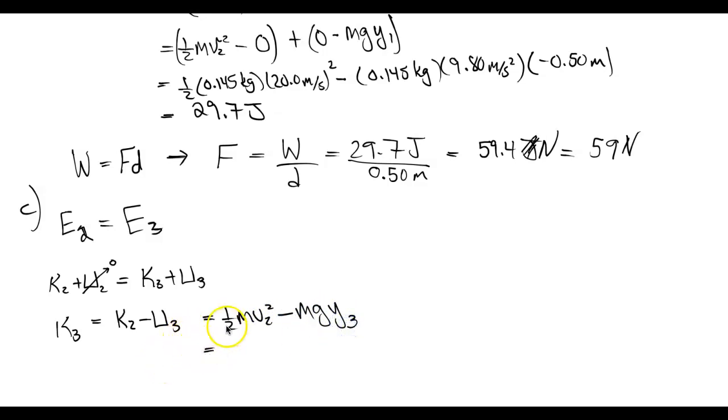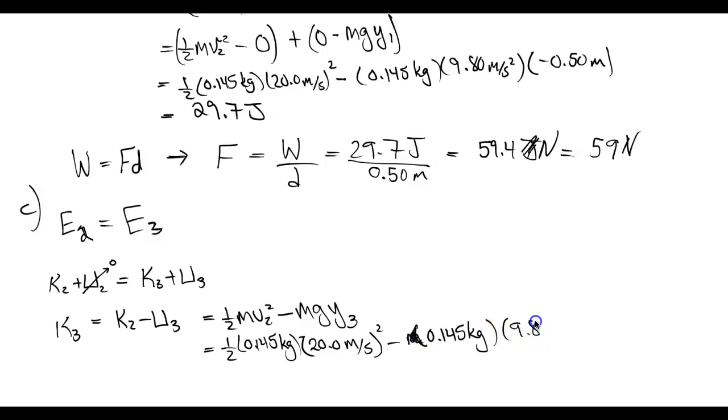And if we plug in the values, we get 1/2 times 0.145 kilograms times v2, if you remember, was 20 meters per second, squared, minus m, which is 0.145 kilograms, times g, again 9.8 meters per second squared, times y3, which is now 15 meters, because that's where we want to find the speed.